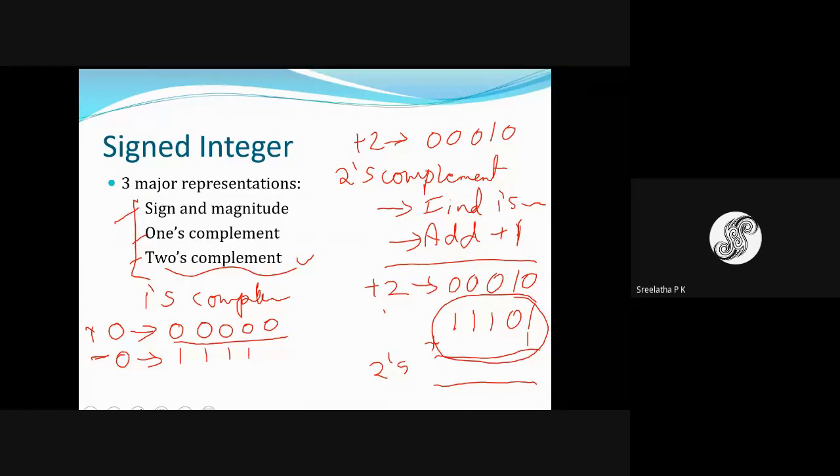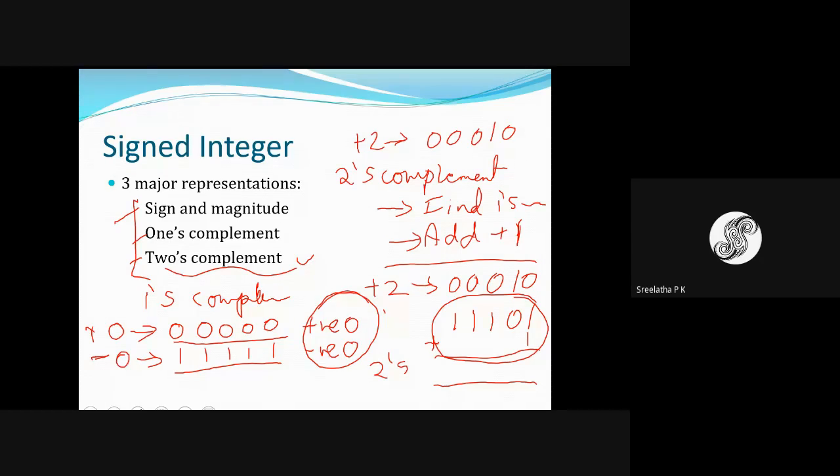It is 1, 1, 1, 1. So this represents minus 0. So that means in 1's complement, there is plus 0, that is positive 0, and negative 0. Which is not ideal.